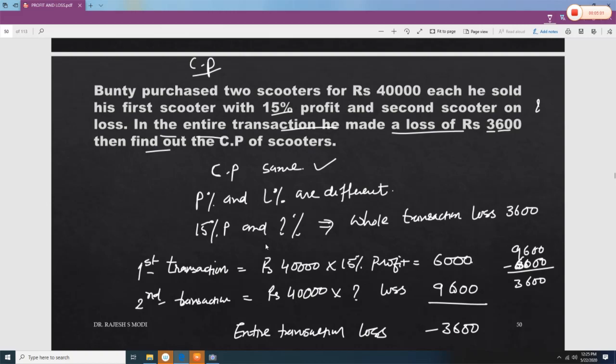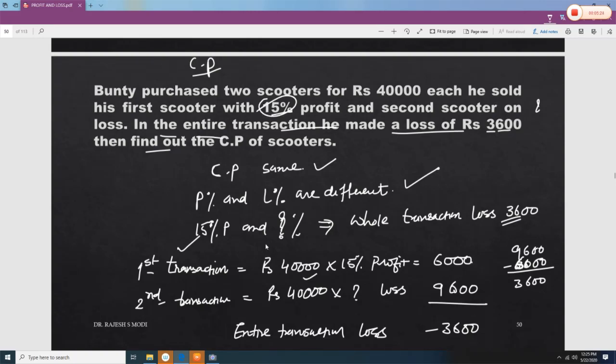So the profit percentage and loss percentage are different, not the same. So on one scooter he is going to make a 15% profit, and on another scooter he made a loss, but how much loss is not given. But in the whole transaction he made a loss of 3,600. So in the first transaction, he is making a profit of 15%.